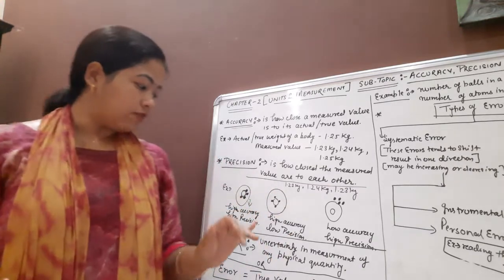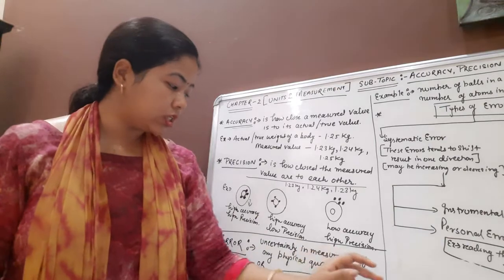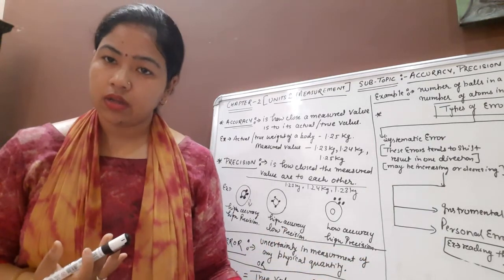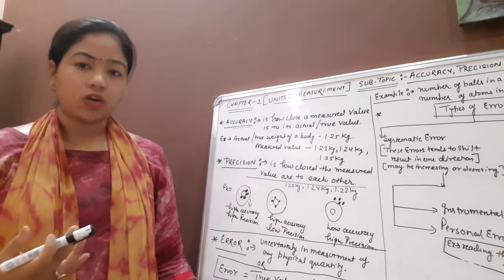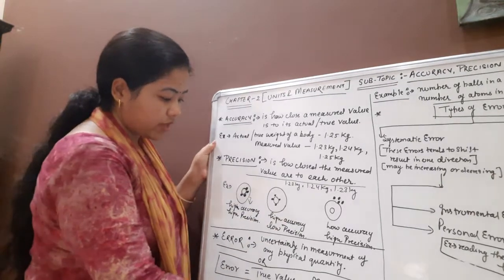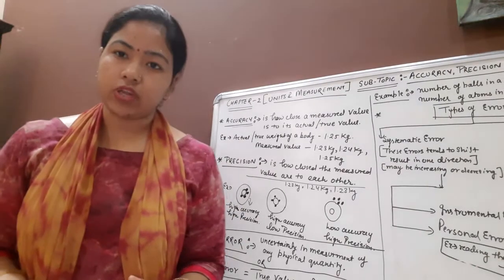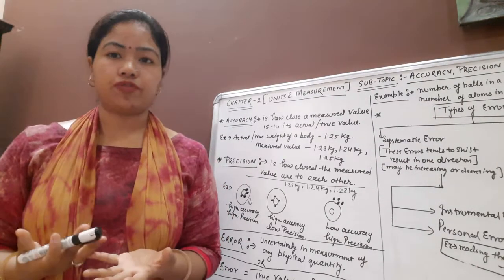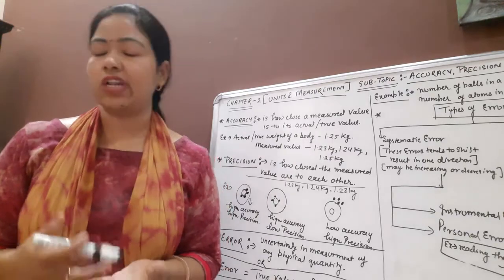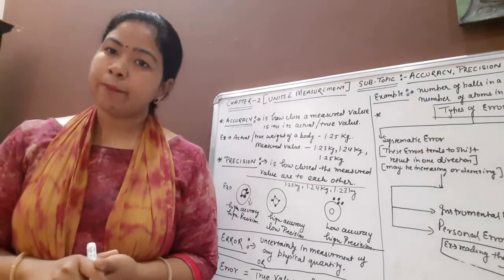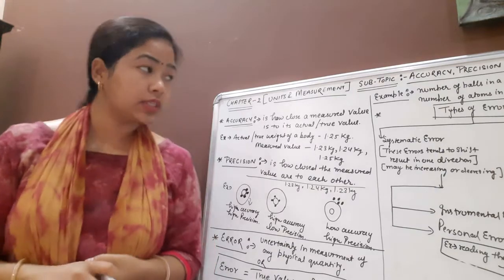So we can say uncertainty in the measurement of any physical quantity is defined as the error. Or we can say that error equals the true value minus the measured value, or the difference between the true value and the measured value gives us the value of the error in any measured physical quantity, right children?